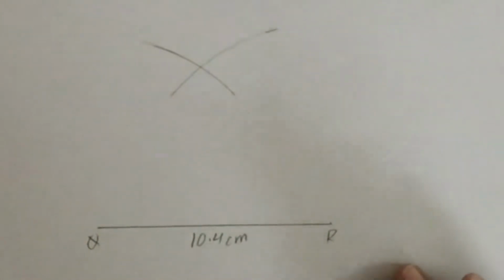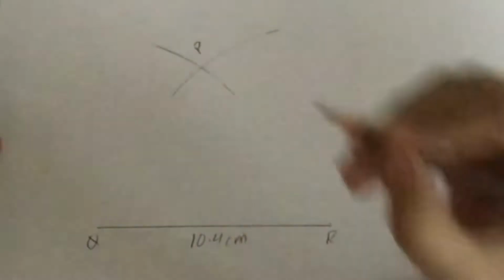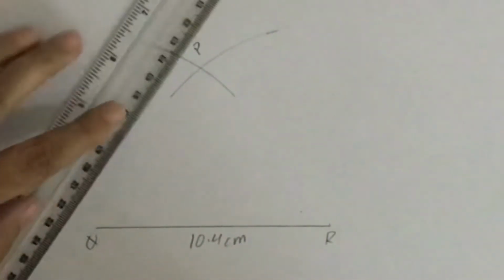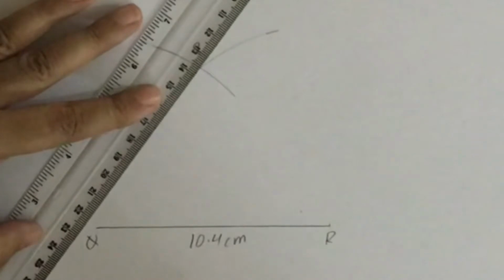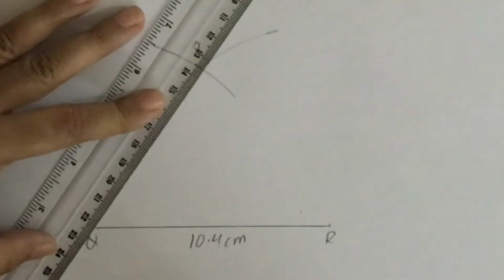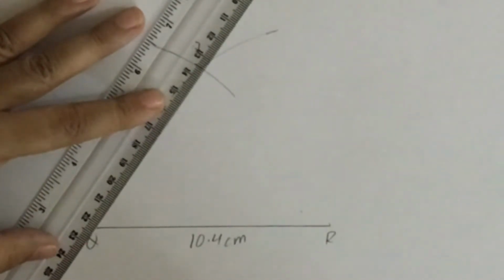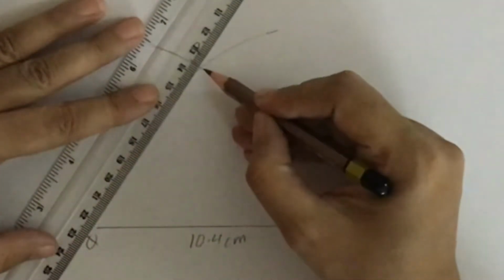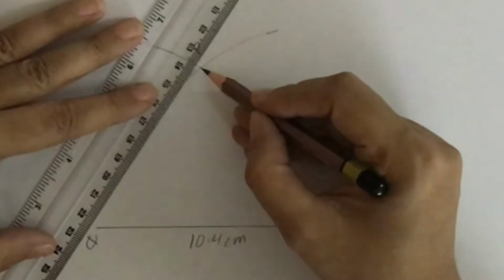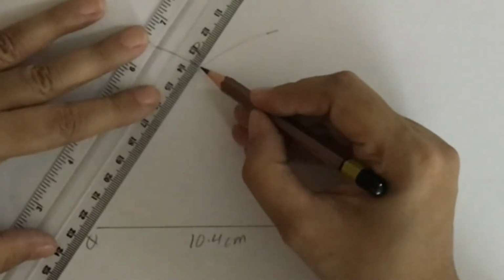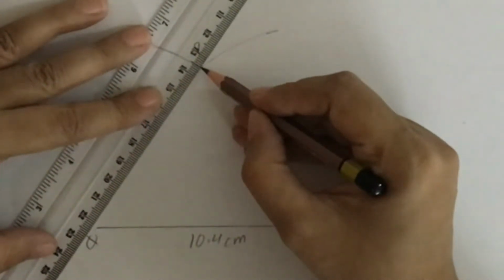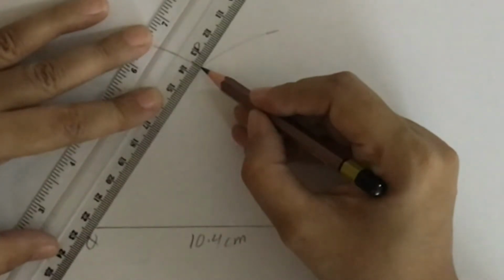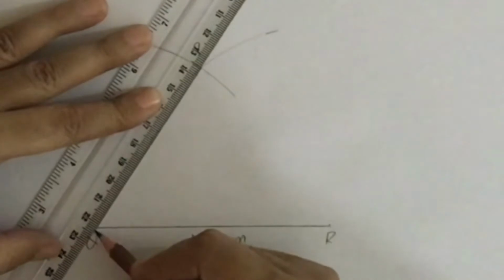Now we shall join the point of intersection, which is P, with Q. I shall put my pencil here at the point of intersection, fix my scale with it, go towards Q, and I shall join it.